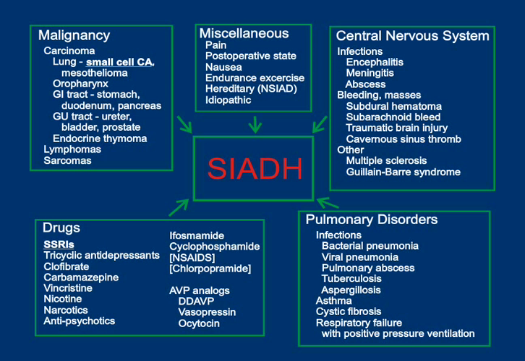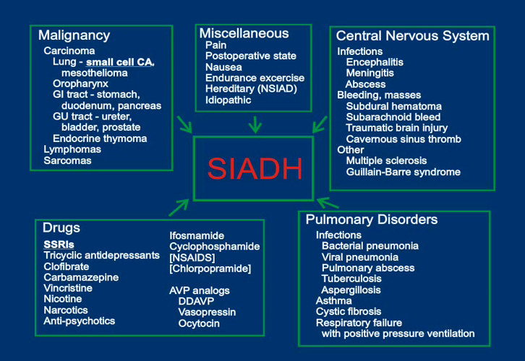Again, as we mentioned in terms of drugs, far and away the most common cause are SSRIs. Anything, though, that modulates serotonin levels up will give you SIADH because serotonin seems to activate these osmoreceptors that control vasopressin secretion. So serotonin agonists, there are several that are now being tested or used.